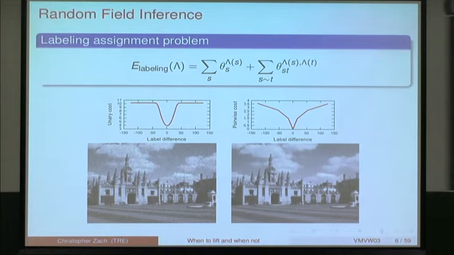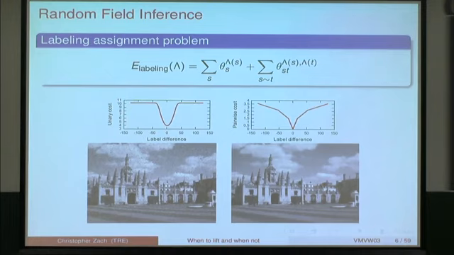So random field inference, what is it? Imagine you see an image as intensity or color values on a two-dimensional lattice, and you are given a noisy image and want a clean image back. You formulate it as a labeling problem, where the noisy input image is given, and you have what we call a data term: your unknown value should be close to the observed value.